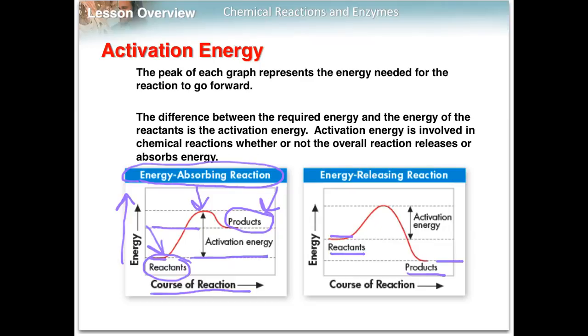But if we look at this line, we can see that the area from here to here is actually much higher on the graph, and so that meant that there had to be some activation energy supplied to this chemical reaction to get it to proceed. But once the reaction was started, it proceeded on its own, and it gave off a lot of energy.